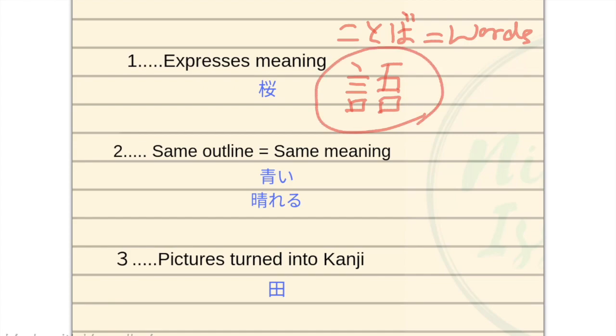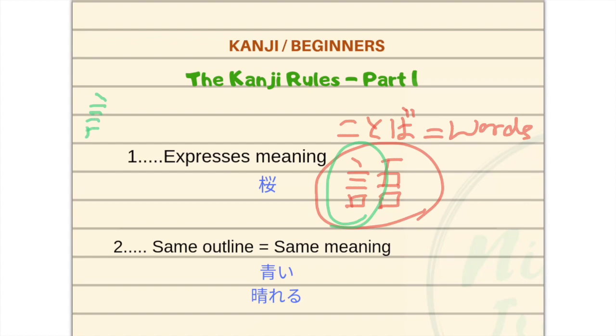Now, how do we remember this? Kotoba means something which we say, right? The words which we speak from our mouth. Just look at the first part, this one. This part is called kuchi, and this kanji represents mouth.